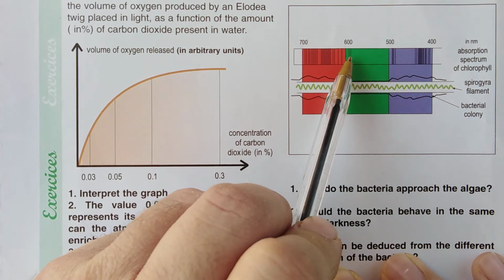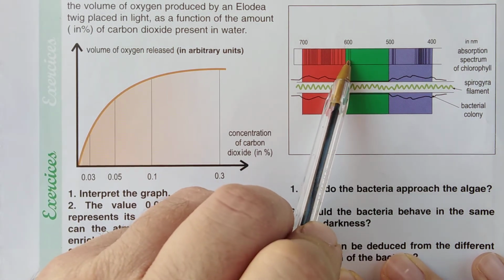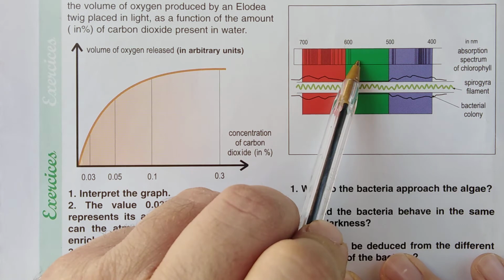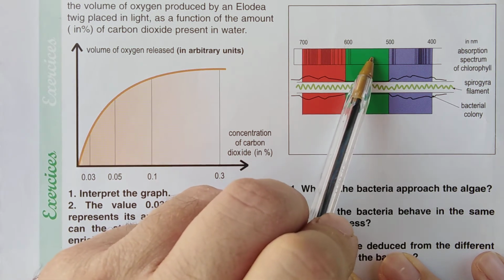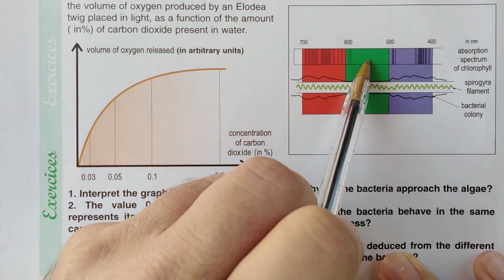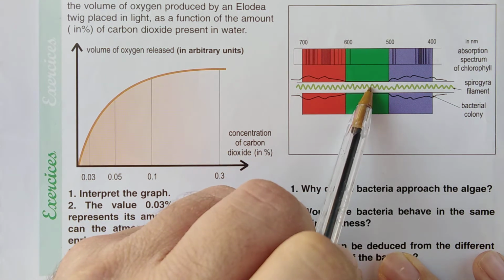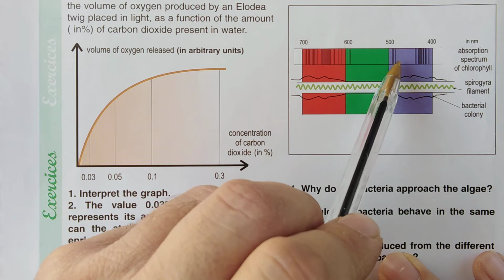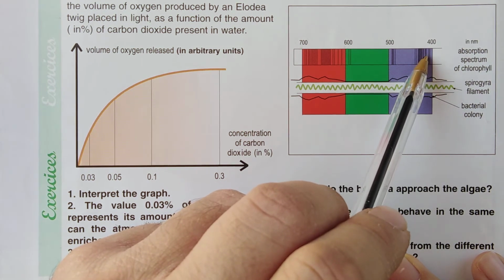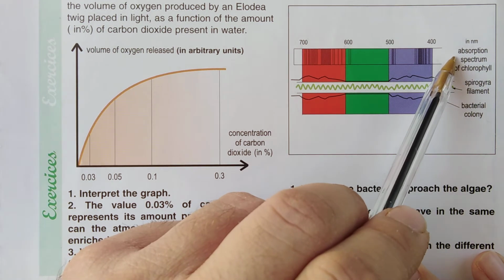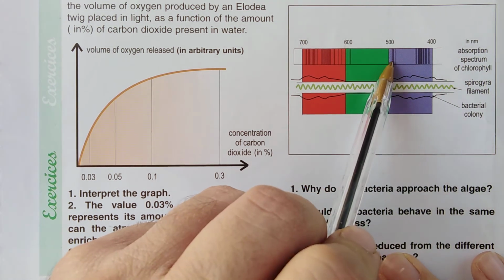However, very little absorption of light is observed in the green color light by the spirogyra. However, also a moderate amount of absorption by the green plant occurs.